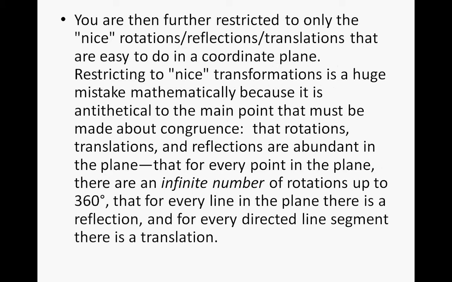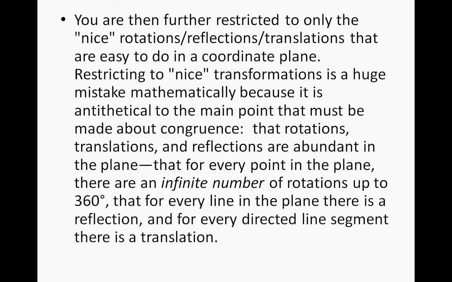And you are then further restricted to only the nice rotations, reflections, and translations that are easy to do in the coordinate plane. Allowing that is a huge mistake because it's antithetical, meaning opposite, to the main point that must be made about congruence: that rotations, translations, and reflections are abundant in the plane.